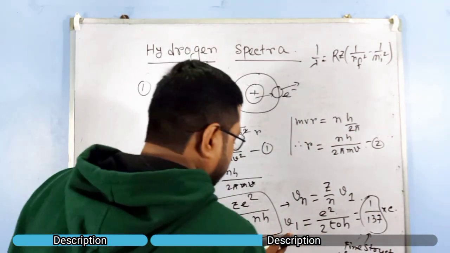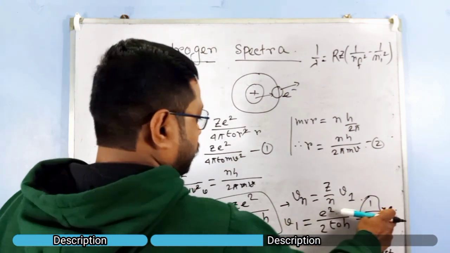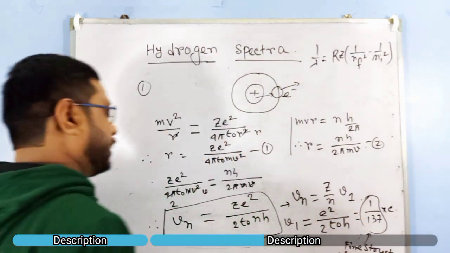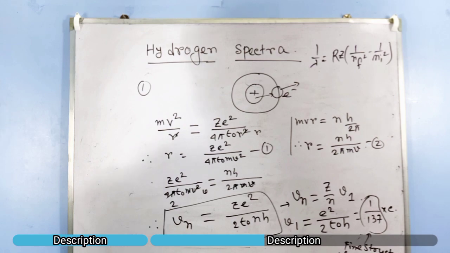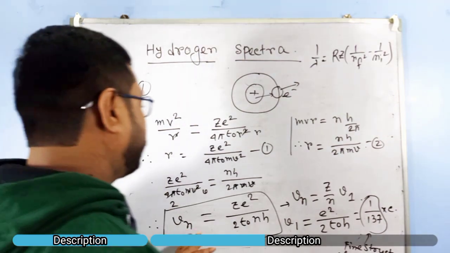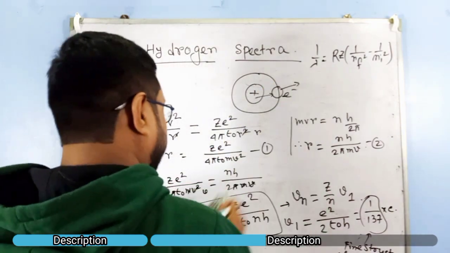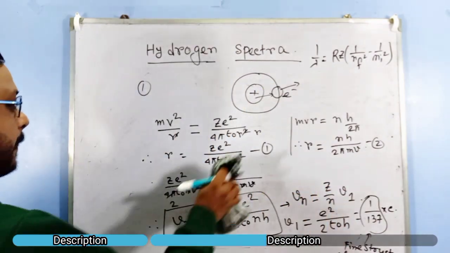That is the ratio of the velocity of the electron in the first orbit to the velocity of light in vacuum. So we can get Vn equal to Z e square by 2 epsilon naught n h. Now put the value of Vn in this equation. That is, Vn is inversely proportional to n.